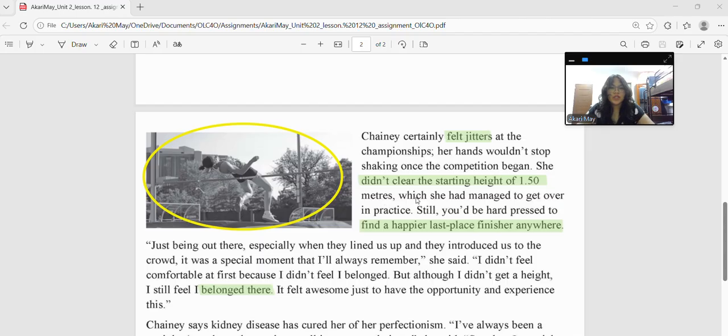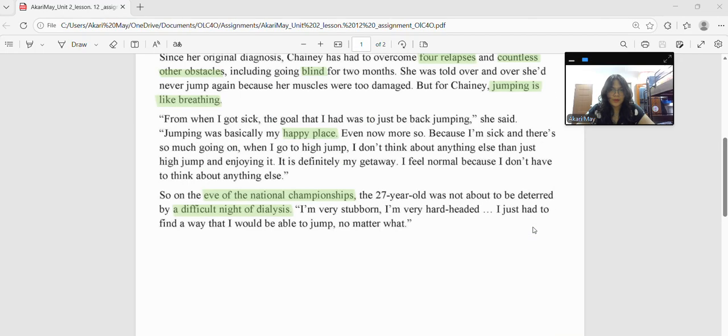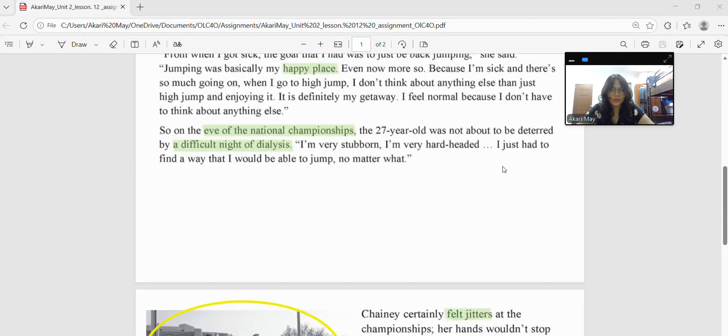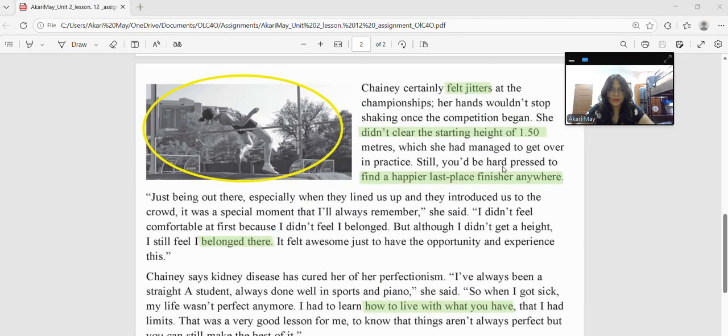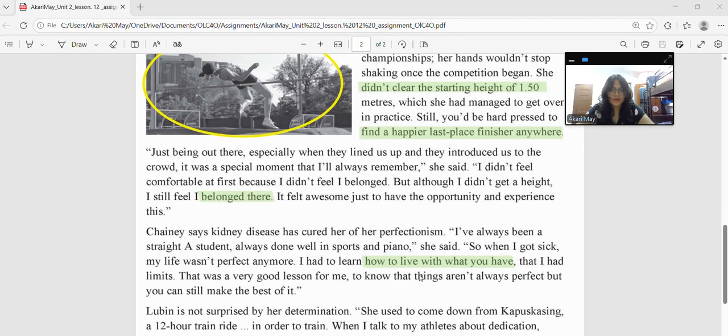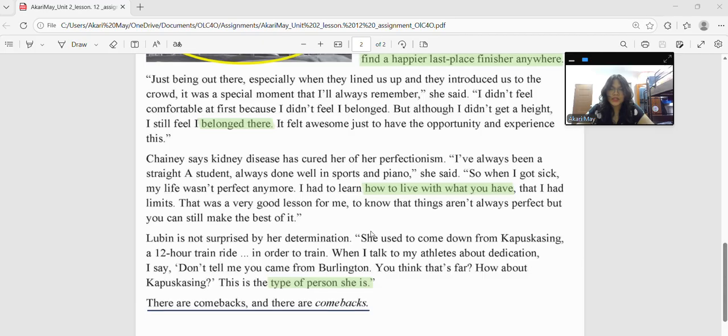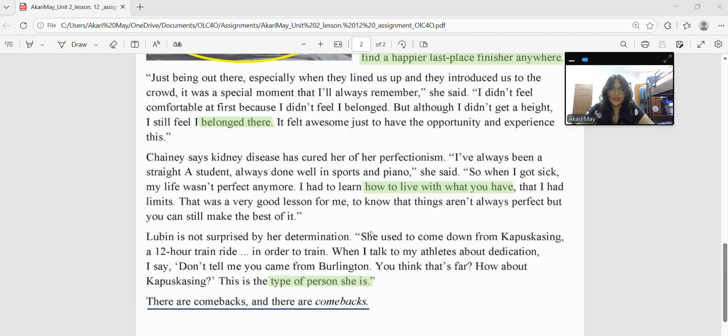And then she didn't clear the starting height of 1.5 and finished last place. That means that she failed the competition. And then I belong there, how to live with what you have. That shows how she loves her professionalism in the most passionate way.